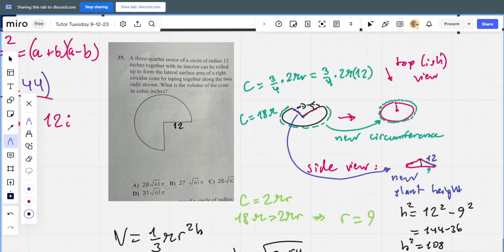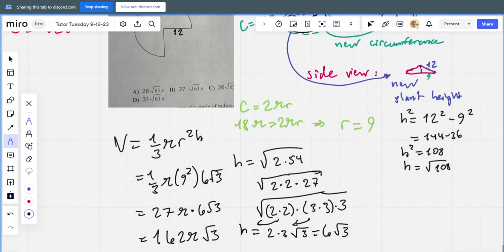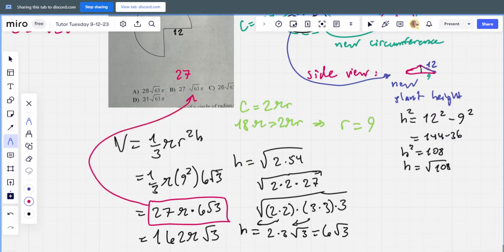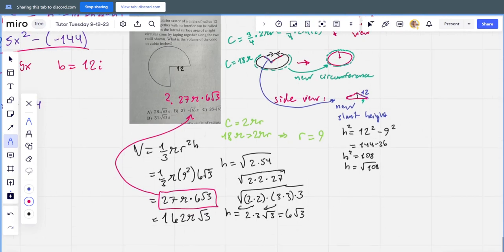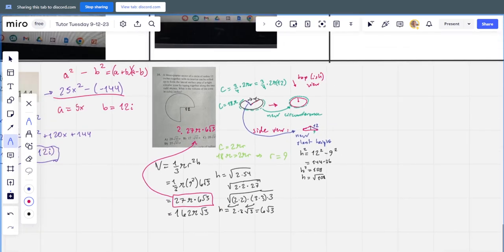Typo for the prep. Okay, we'll just chalk it up to that. I would guess that maybe this choice is supposed to match up with this one, right? 27 pi times 6 root 3 instead of root 63. So I would guess B. Yeah, maybe just an error in the typing of the question.